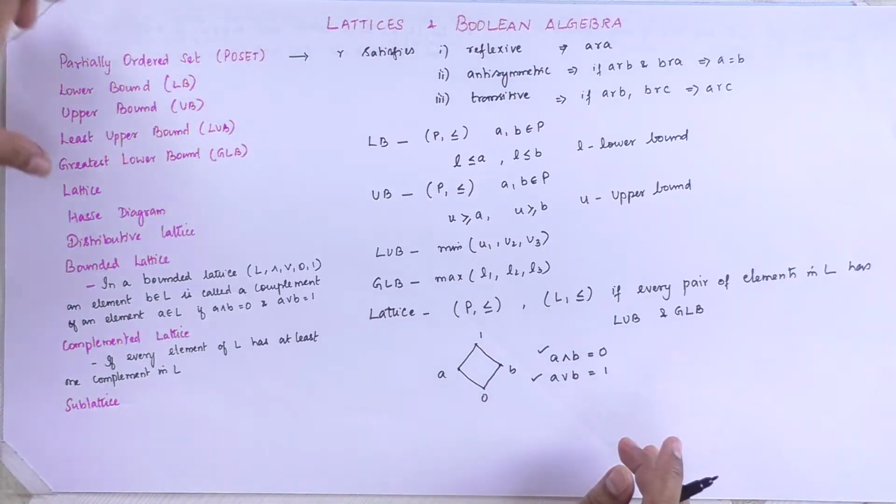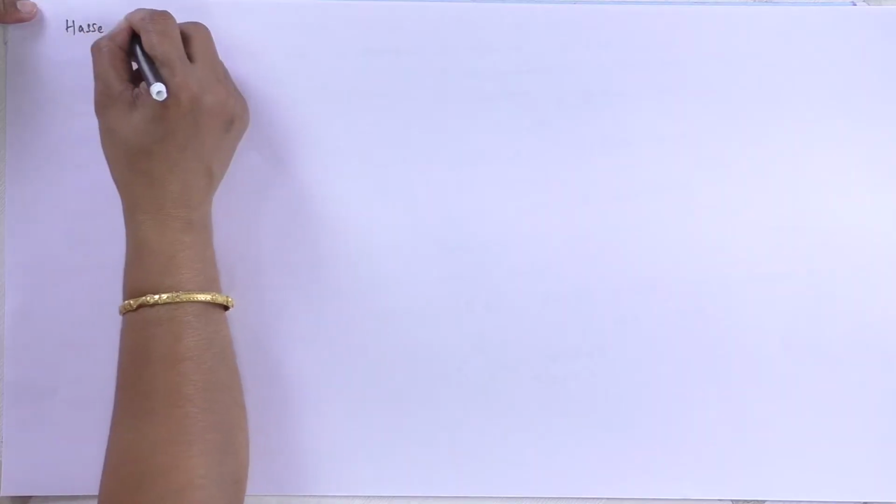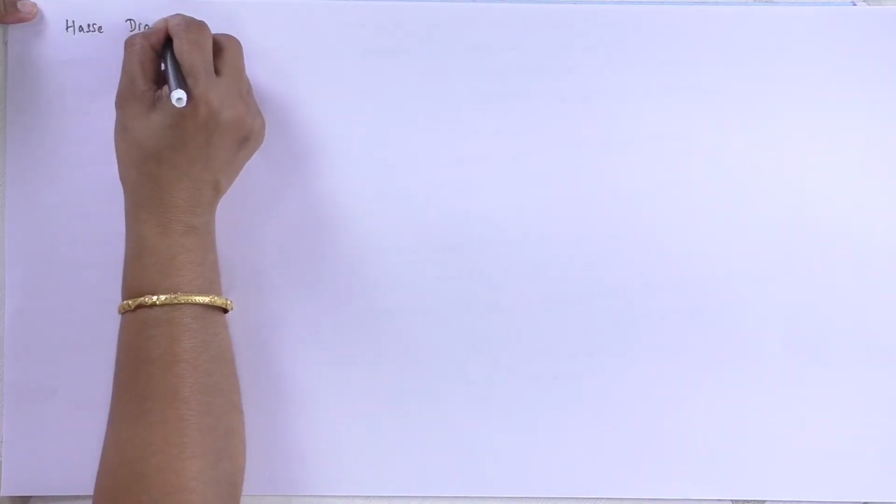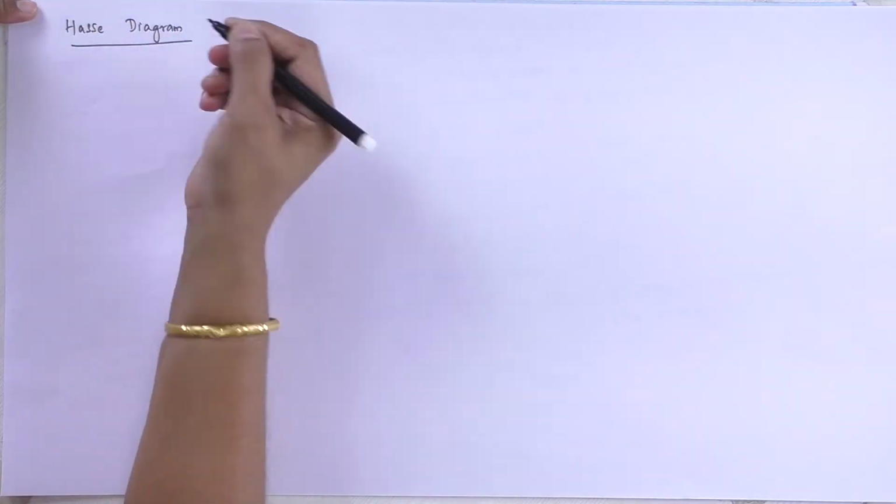And next we have the Hasse diagram. So how do we draw this diagram? 4 points we will have to keep in mind. If any element is related to itself, then we need not have an arrow mark. There is a link, so therefore we need not have an arrow mark. While drawing the Hasse diagram, we should keep all this in mind.